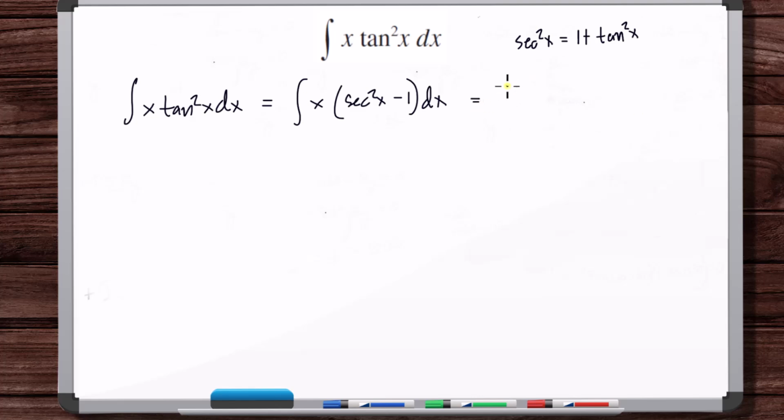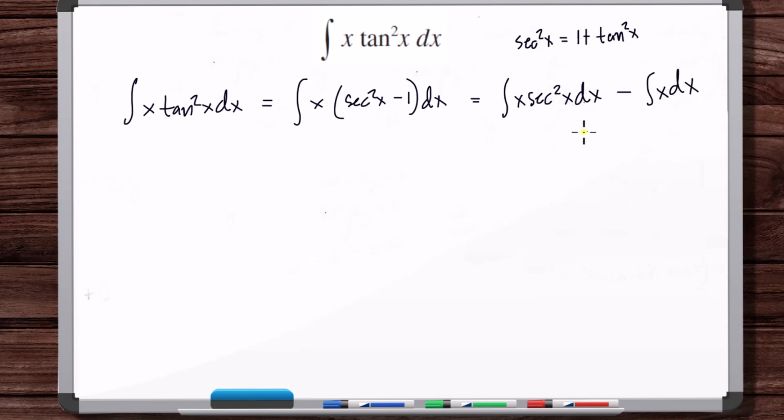Right, so we've made this more complicated. We have x secant squared x dx, and now we have to evaluate this additional integral.